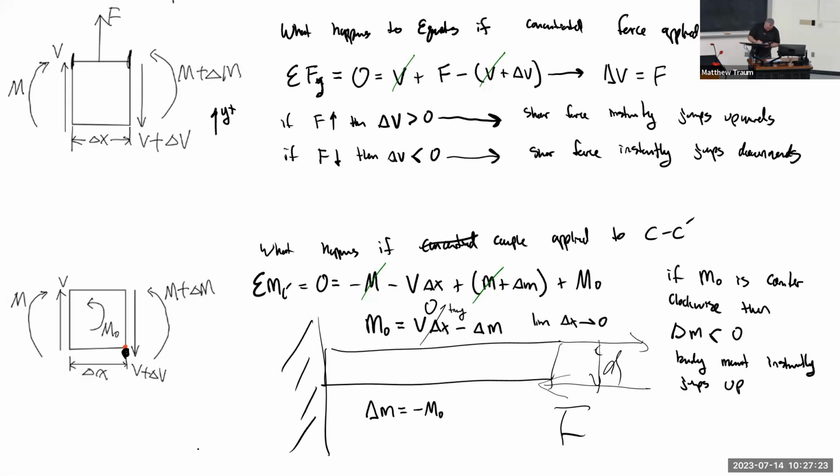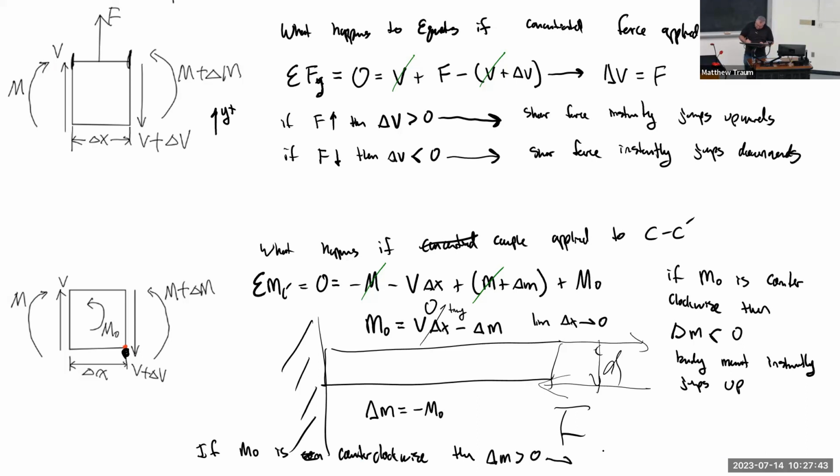So let me see if I can write this across the bottom. If M naught is counterclockwise, let's try this again, counterclockwise, then delta M is positive.